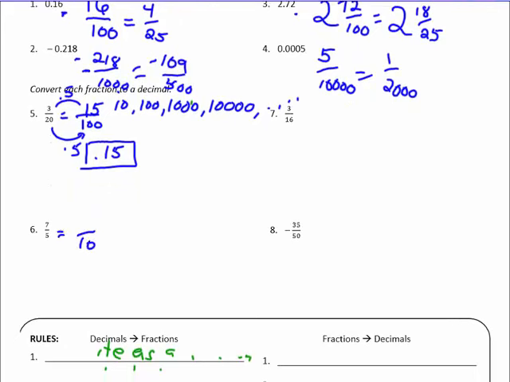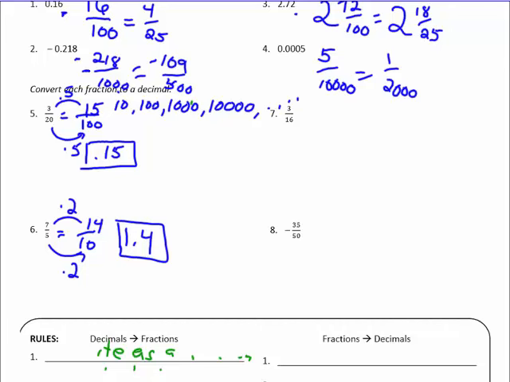So we're going to rewrite this. I had to multiply by 2, so that means I have to do 7 times 2, which is 14. This 0 tells me I only need 1 decimal place, so this is going to be 1.4. So this would actually have been a mixed number, and if you notice, it's an improper fraction.